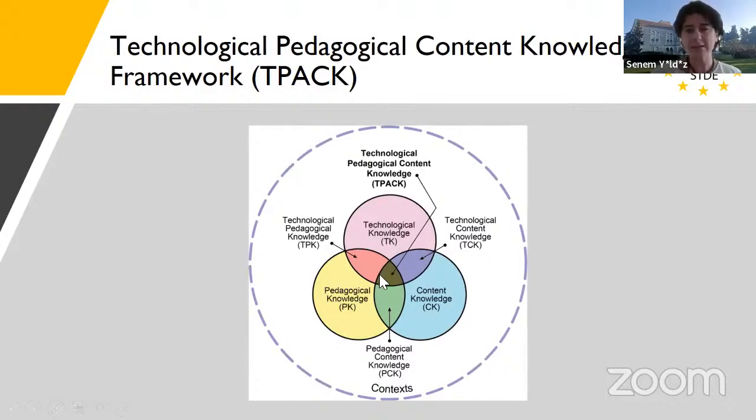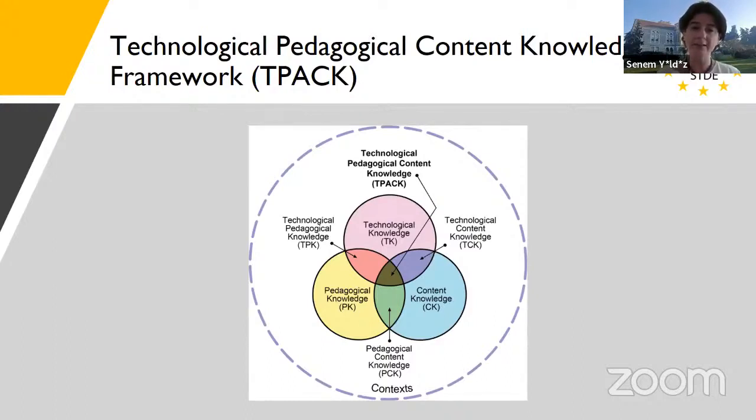But this dark green area is where all these three areas intersect. At this intersection, teachers know, for mathematics for example, the mathematics, and they know how to deliver this instruction.